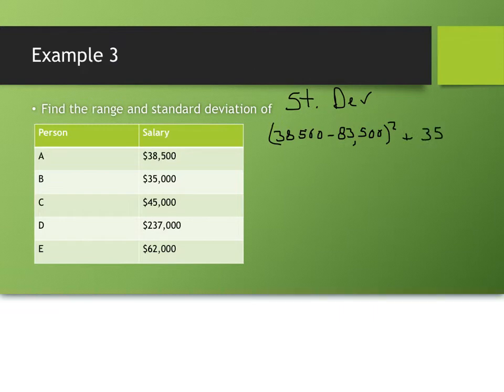Minus 83.5. Square that. And you're going to do that 5 times. And maybe I should do a little bit of erasing here because it looks awful.